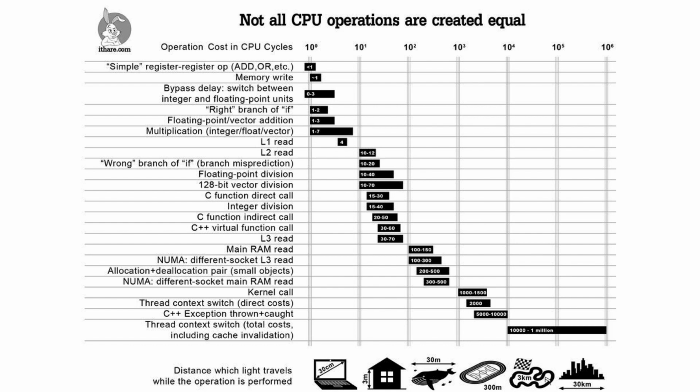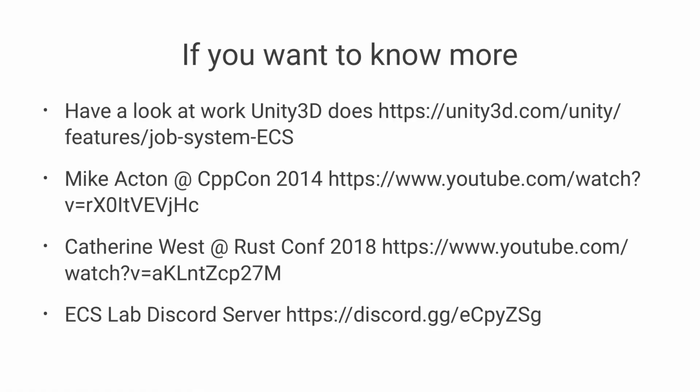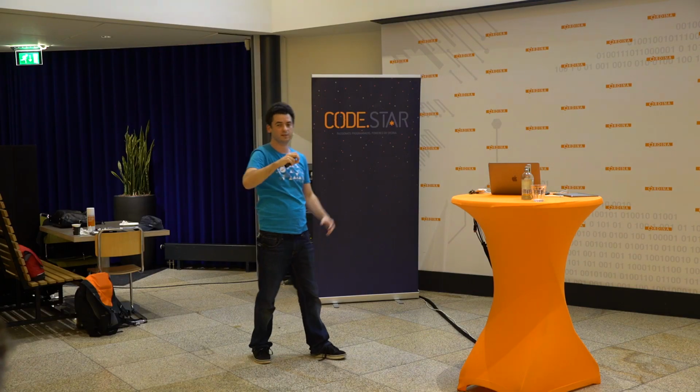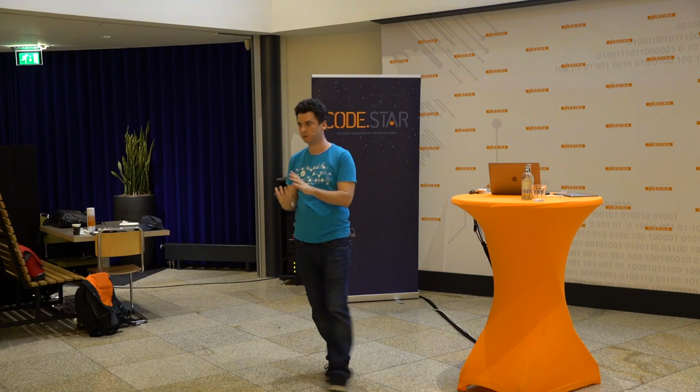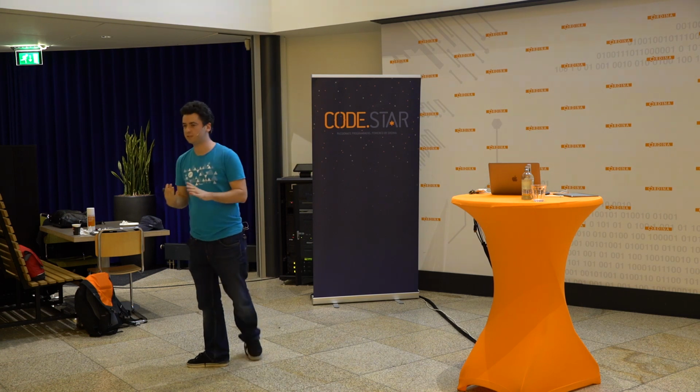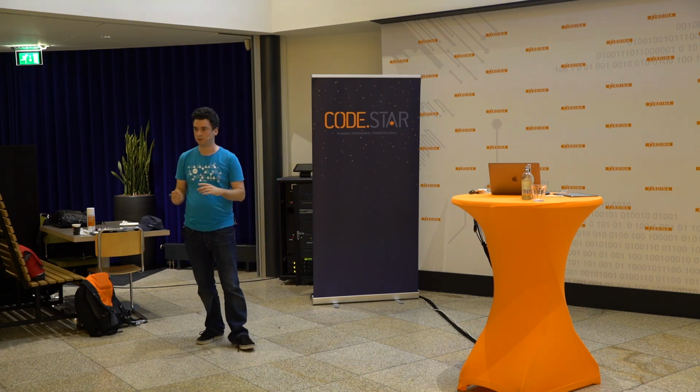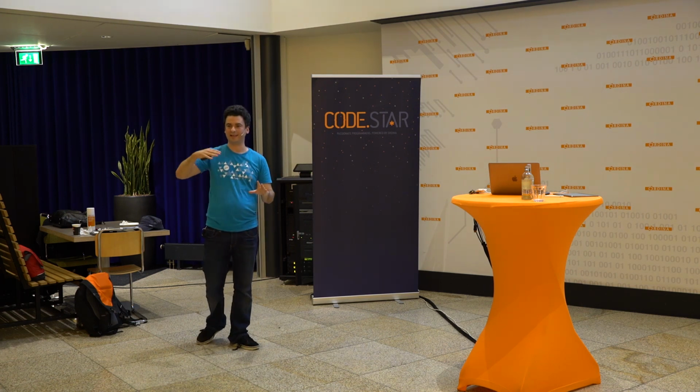Okay, so if you want to know more, you can have a look at the work that Unity 3D, this is a game engine, people are doing there. They say the way you program now with Unity 3D is pretty much object-oriented. And they say that they see 100x speed up if they lay out stuff in the ECS way.